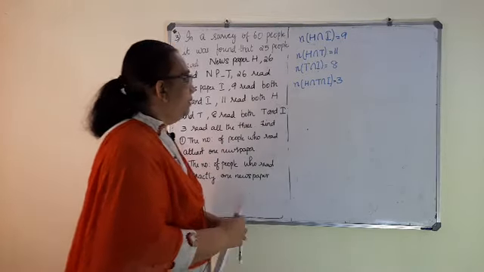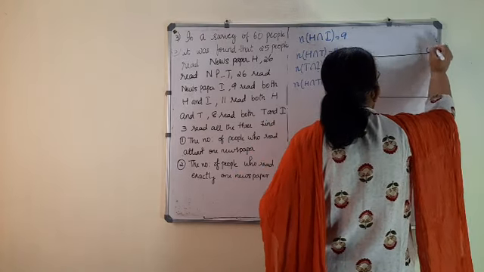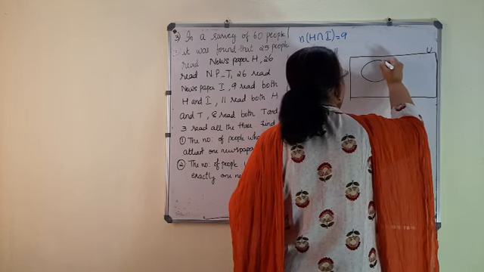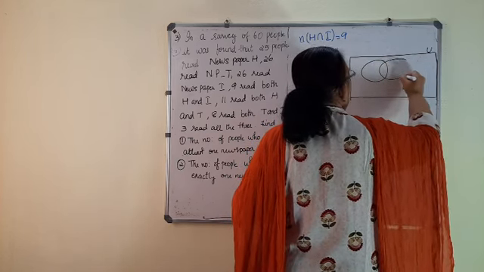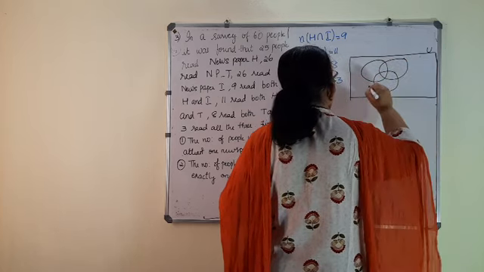The Venn diagram is represented by a rectangular box. The universal set is written on the top. The subsets are drawn as closed circles. There is a common portion, so we draw the common region.